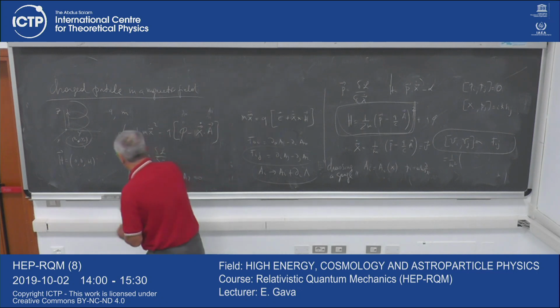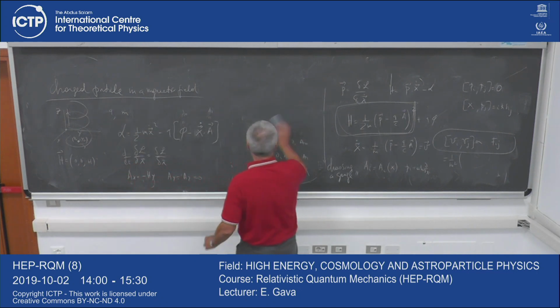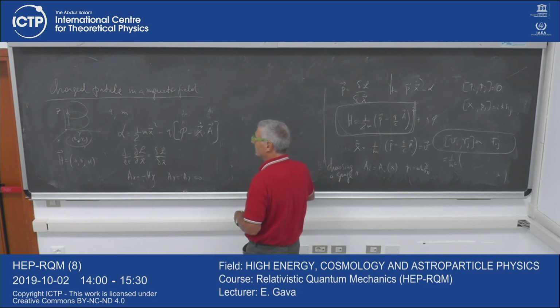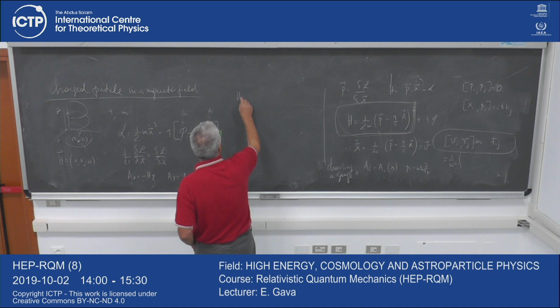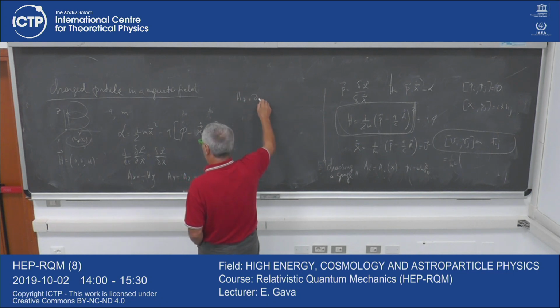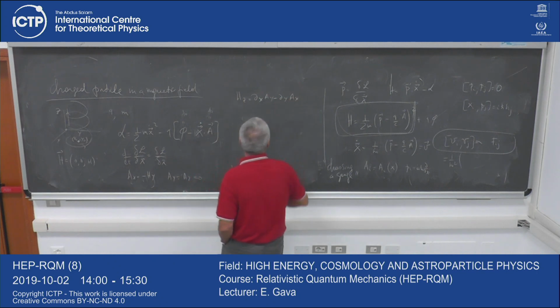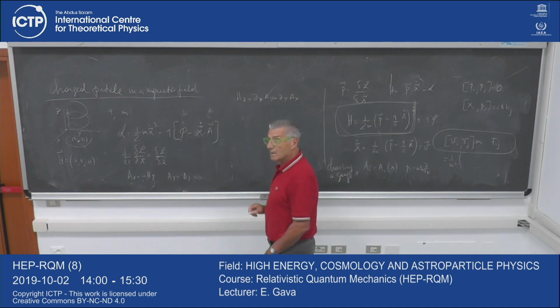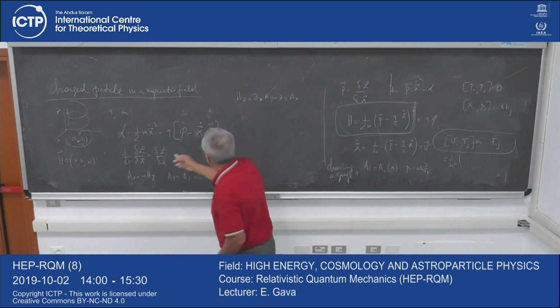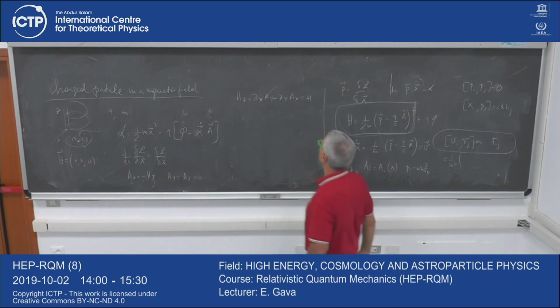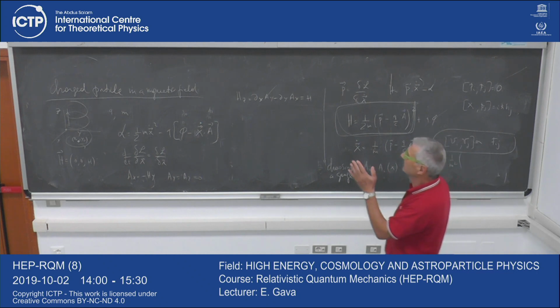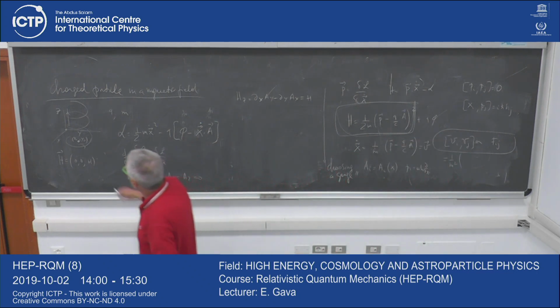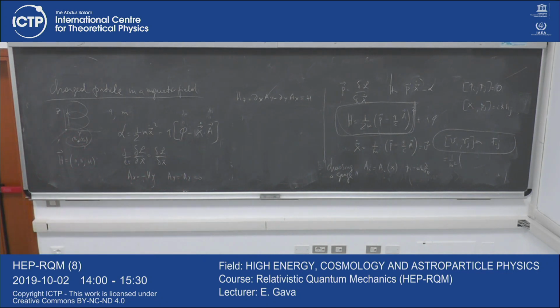Because what is H_z? It is d_x A_y minus d_y A_x. The first is 0, and so this reproduces just H. So H_z, the component of H along direction z, is given by some constant magnetic field.